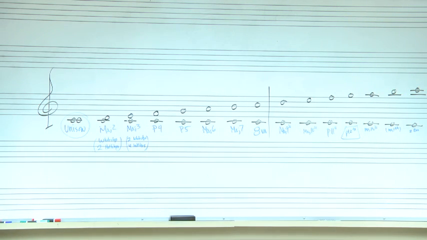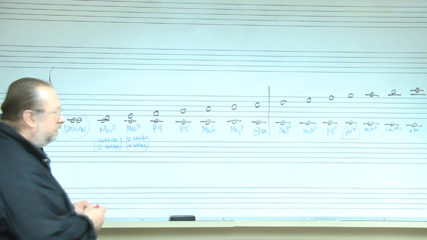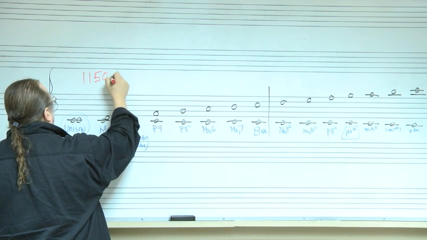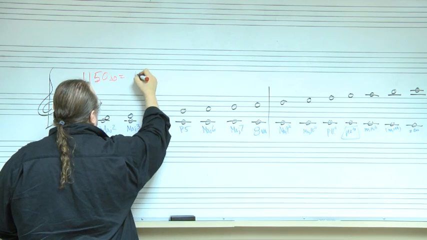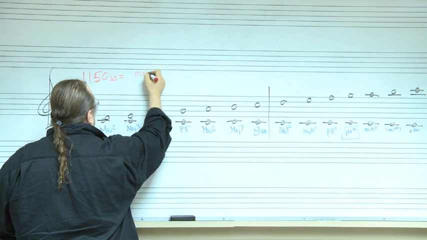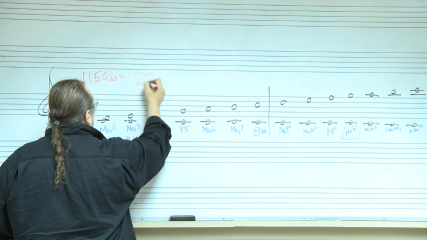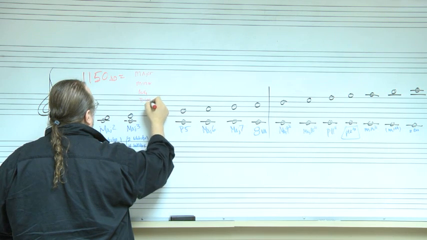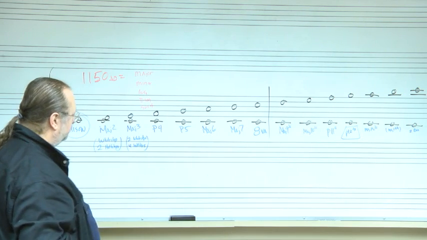Well, the names of the intervals are probably from around 1150 AD. The intervals were major, minor, augmented, diminished, and sus4, the basic names of all the intervals.